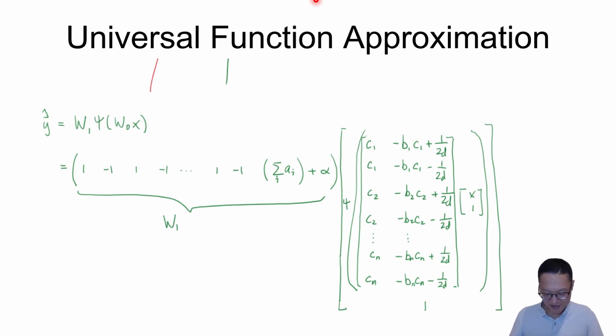Let's take a look at the dimensions. This matrix is 2n by 2. After we multiply by a column vector of 2 elements, we get a long vector with 2n elements. So this whole thing inside the psi function will be 2n elements. Maybe this psi should be a g.